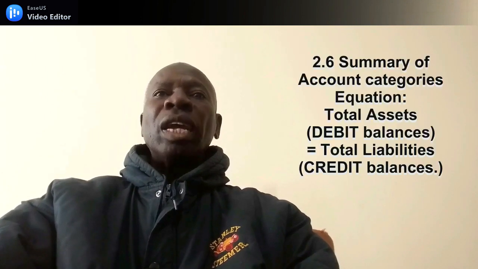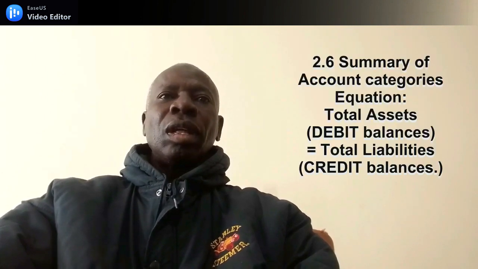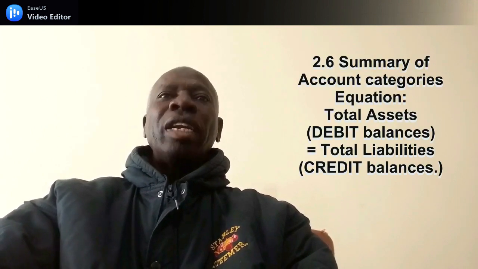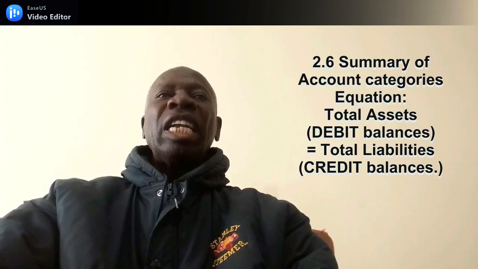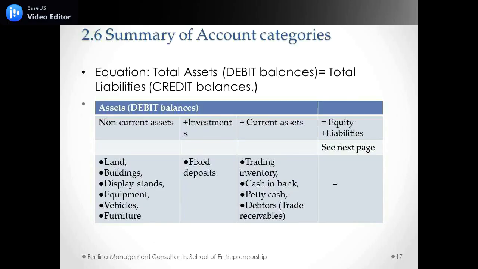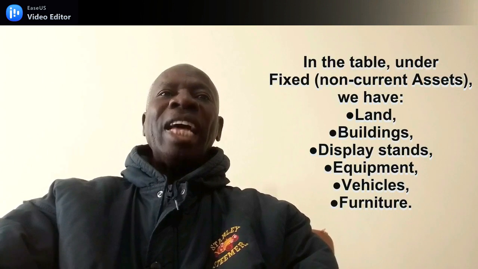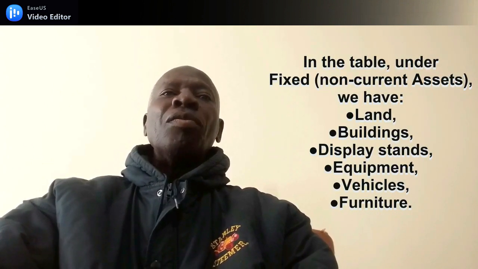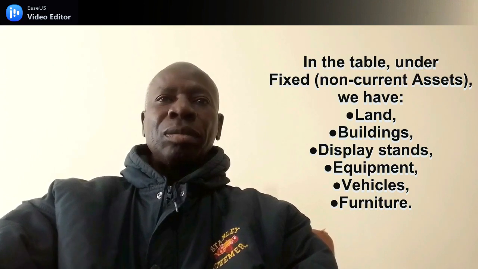Summary of account categories. The equation that we always follow is that total assets, which are debit balances, equals total liabilities, which are credit balances. So in the table, under the non-current assets, we have land, buildings, display stands, equipment, vehicles, furniture.